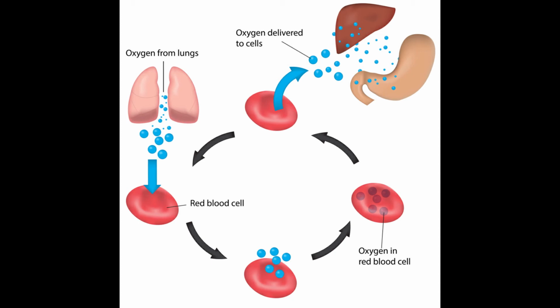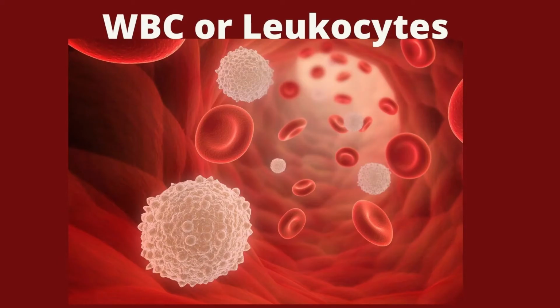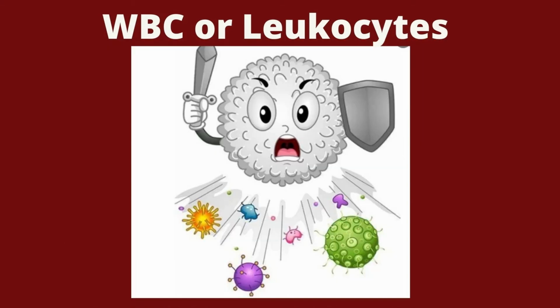It is responsible for collecting and removing carbon dioxide and other waste from the body. The white blood cell, or WBC, is also known as leukocytes. WBCs are called the soldiers of the body. They protect and defend the body against diseases and infection.